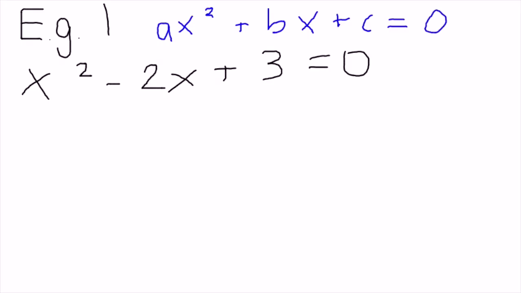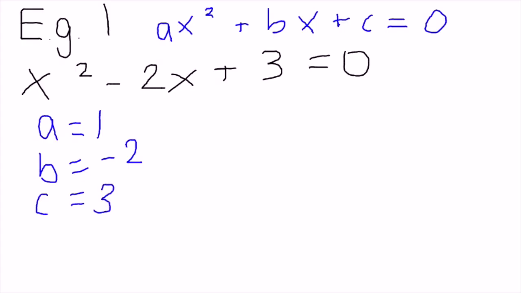This is also how we are going to solve quadratic equations. We will be looking at the coefficient of the three terms to gain the values of a, b, and c. With this knowledge, we know that a is equal to 1, b is equal to minus 2, and c is equal to 3.